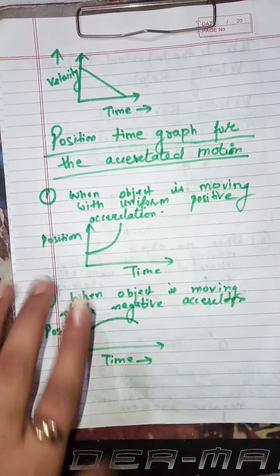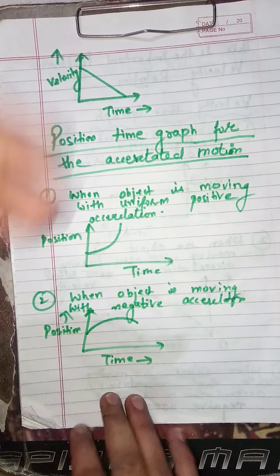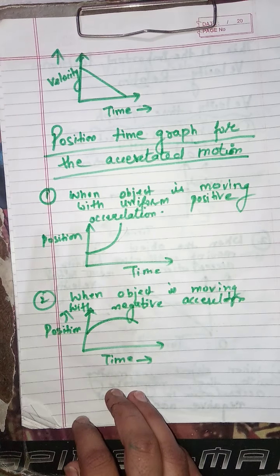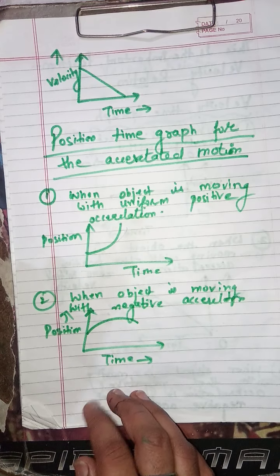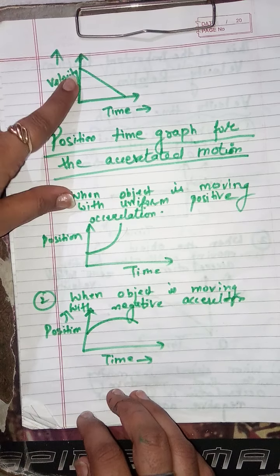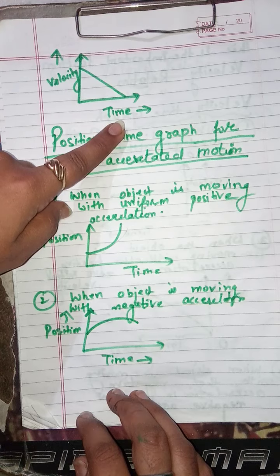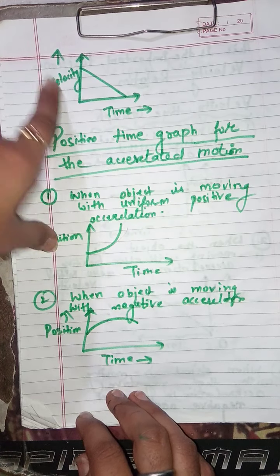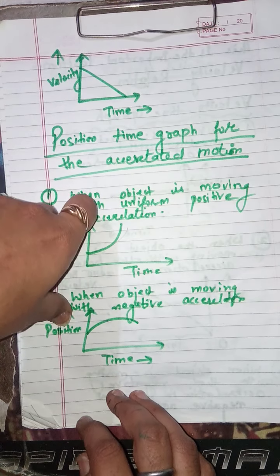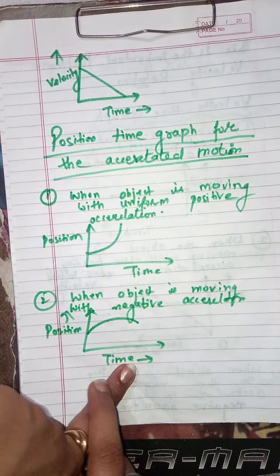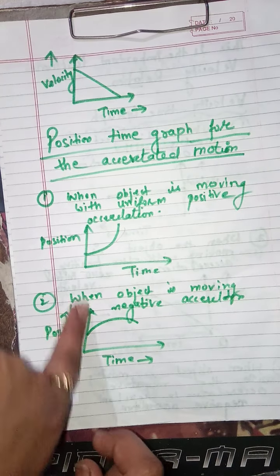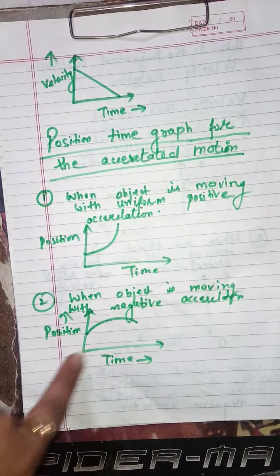Another thing, don't be confused: पहले हम लोगों ने ऐसे ड्रॉ किया तो अब हम लोग ऐसे ड्रॉ कर रहे हैं. Those are the velocity time relations. वो velocity और time के बीच के ग्राफ थे. Our x axis is the time axis and the y axis is the velocity axis in those cases, and in these cases our x axis is the time axis and the y axis is the position axis.